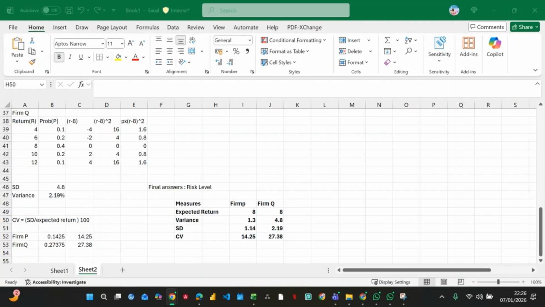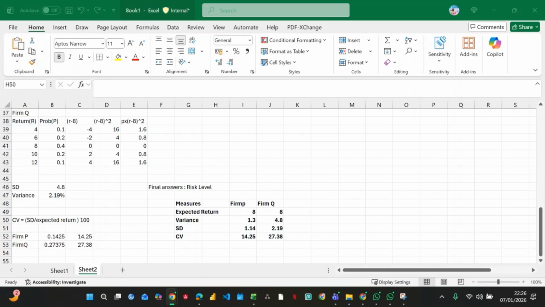When the standard deviation is high, the risk is higher. When the standard deviation is lower, the risk is lower. Do you get now? We have the higher risk when the standard deviation is high, and the lower risk when the standard deviation is low.